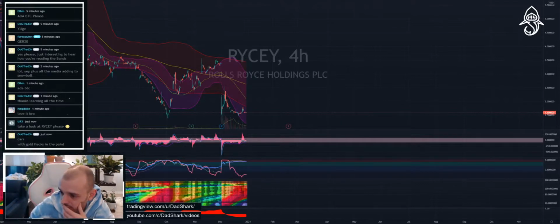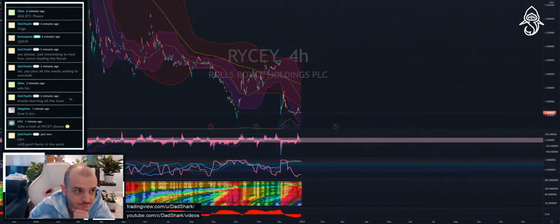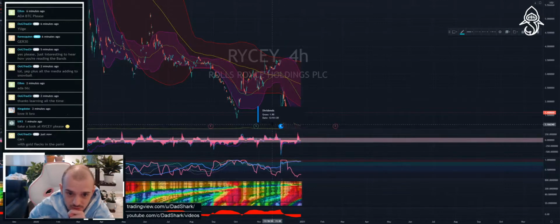Balance sheet, debt to assets, not bad. That is bad, though. Financing is bad. Okay, what is this? Down since December.